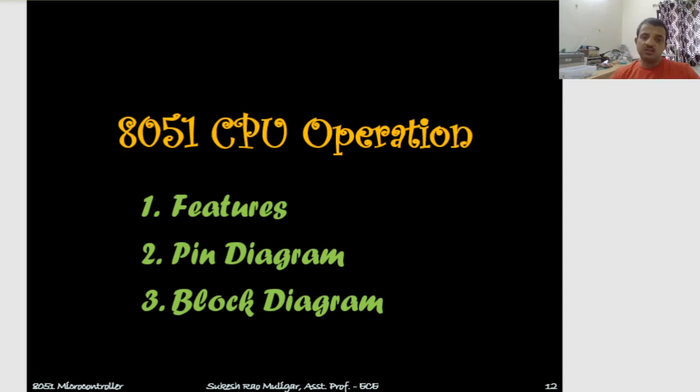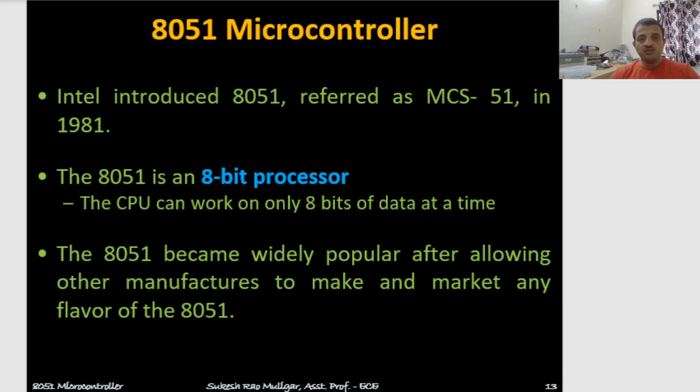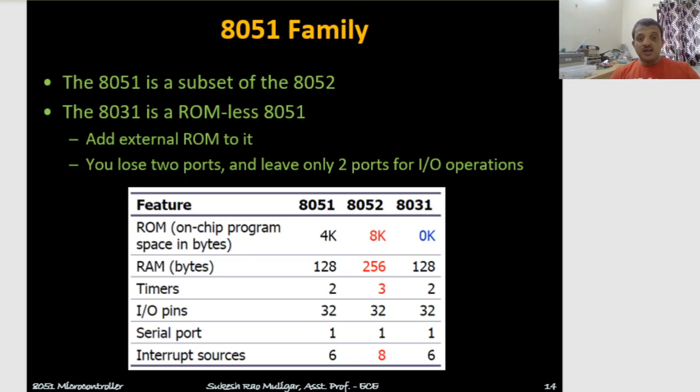We will start with the 8051 features, pin diagram, and block diagram. The 8051 microcontroller is an 8-bit processor, first introduced by Intel. Coming to the other subsets of the 8051, there are the 8052 and 8031, and now a lot of companies are using the same core.